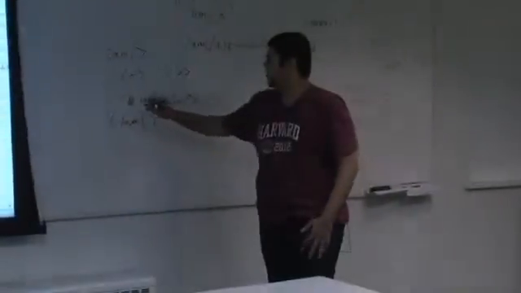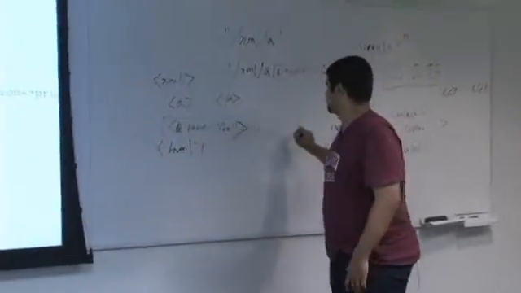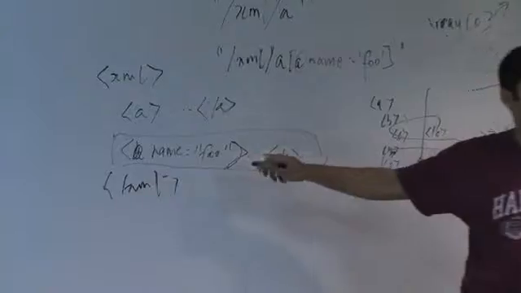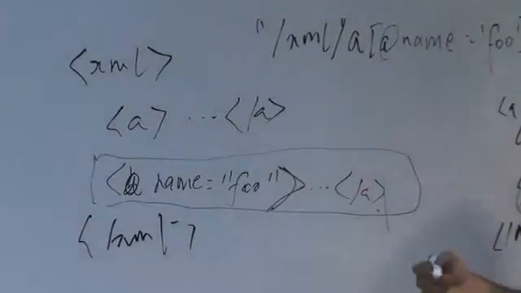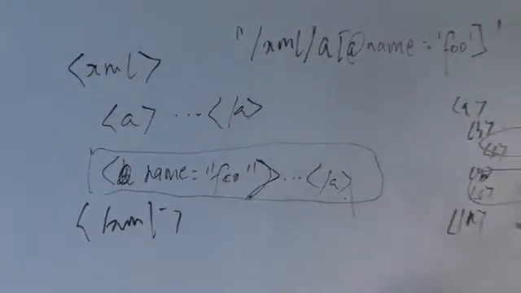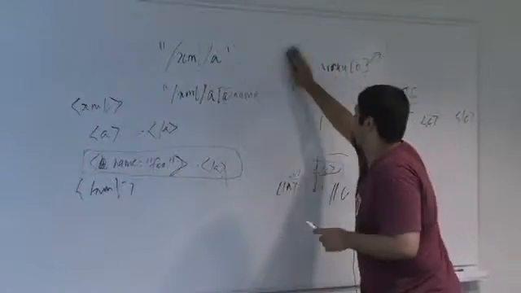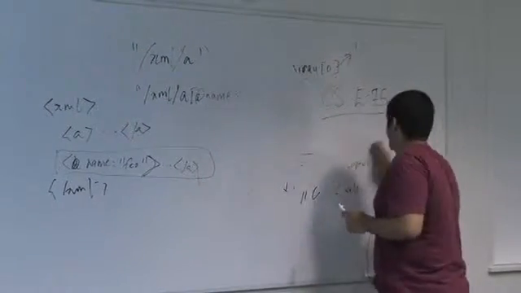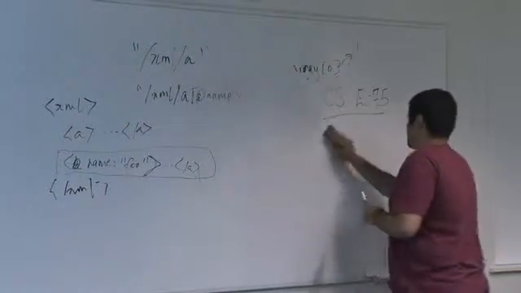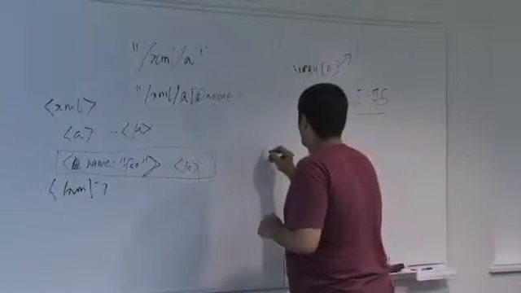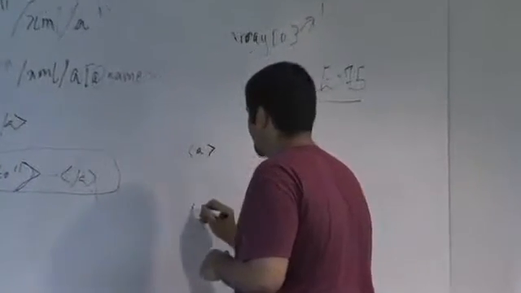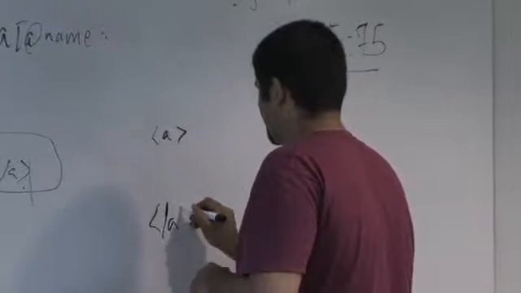So if you're at this object right here, for instance, let me give you two distinct examples. A is our root element, right?